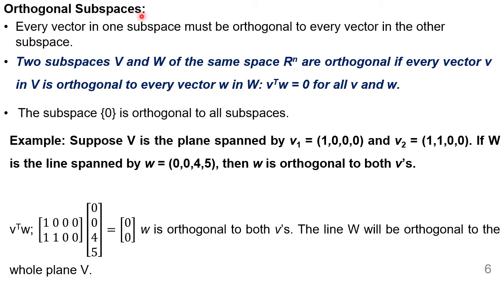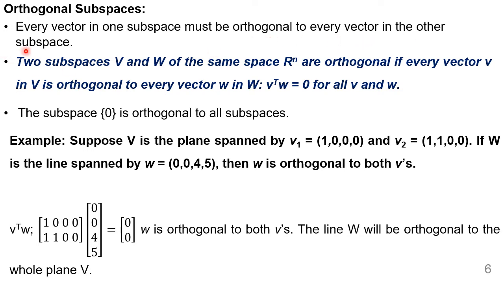Let us try to understand the concept of orthogonal subspaces. Two subspaces are said to be orthogonal to each other if every vector in one subspace is orthogonal to every vector in the other subspace.